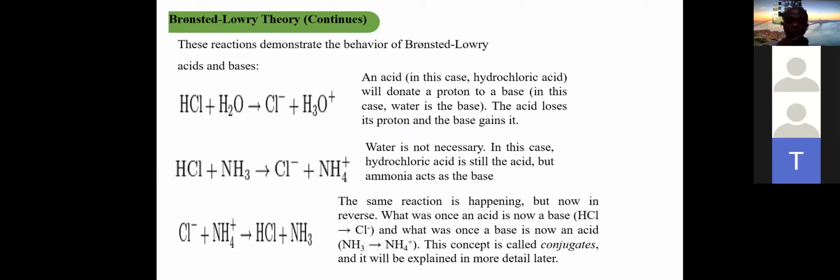It's just a proton donor, not 2 protons. You can write H2SO4 plus water going to 2 moles of hydronium ion plus SO4 2 minus? That would be wrong, because an acid is a proton donor, not 2 protons.